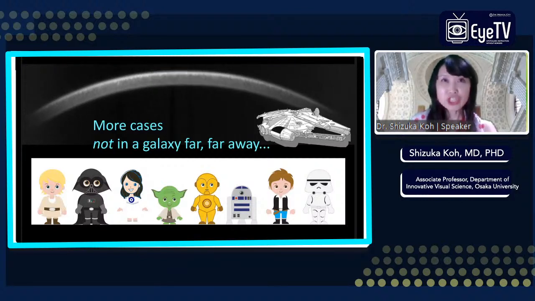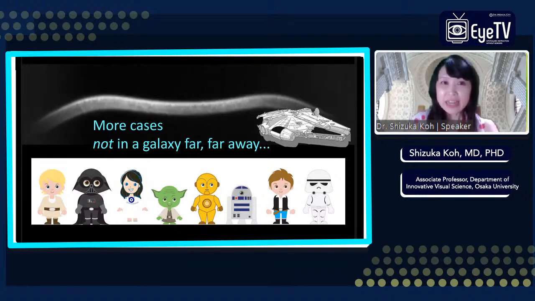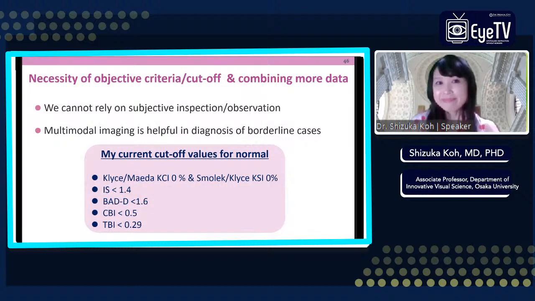Okay, let me share cases from our clinical practice, not in a galaxy far, far away. When the patient is referred for refractive screening, we normally do everything. In addition to standard exams, we do topography, tomography, biomechanics, wavefront, OCT.